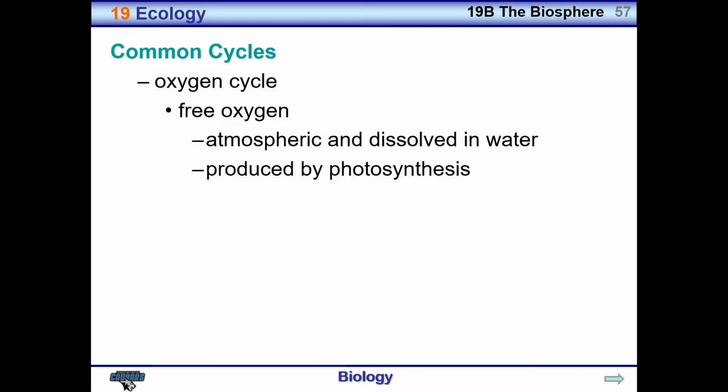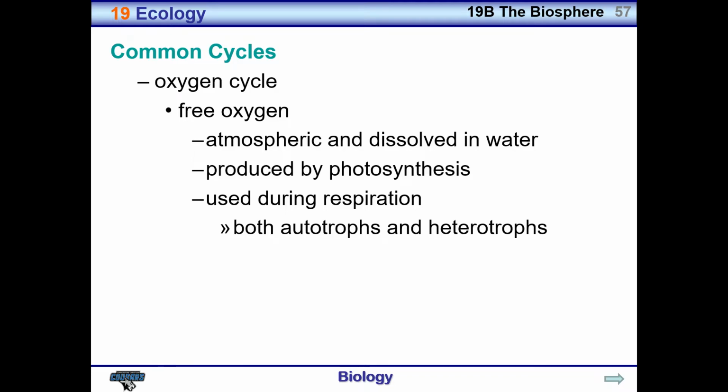But the oxygen that most of the world needs is produced through photosynthesis by plants, and then every living thing uses this oxygen during the process of respiration, where oxygen is combined ultimately with food, and we derive the energy from that, and in the process of respiration we produce carbon dioxide.